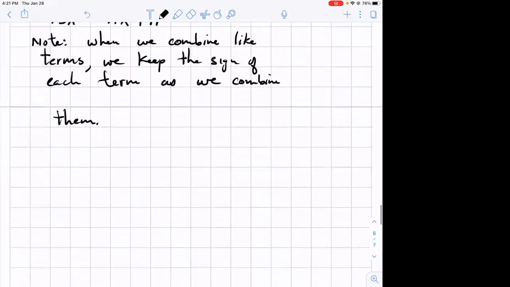Another example of adding: we can say find the sum.